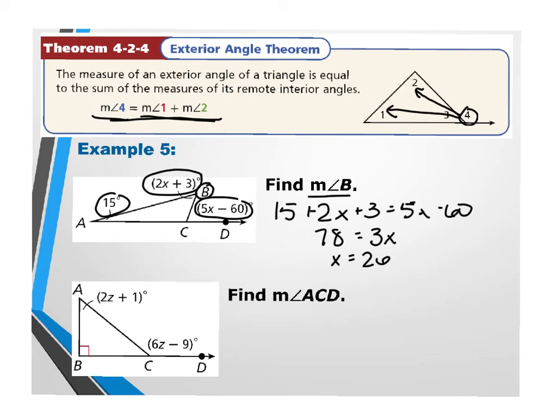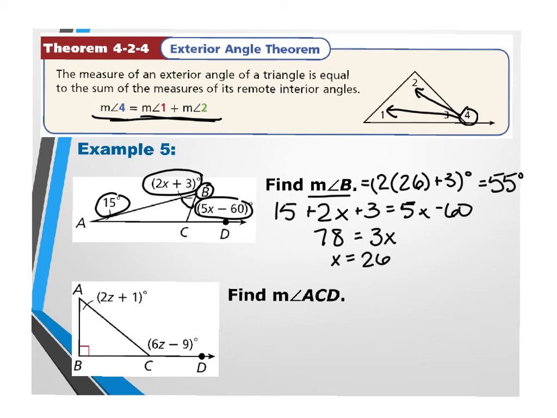Measurement of angle B is right here, and how we're going to find that is we're going to plug in our x value. So measurement of angle B is equal to 2 times 26 plus 3. Let's see what we get. What we get is 55 degrees. Okay, so that's how you answer that part of the example.